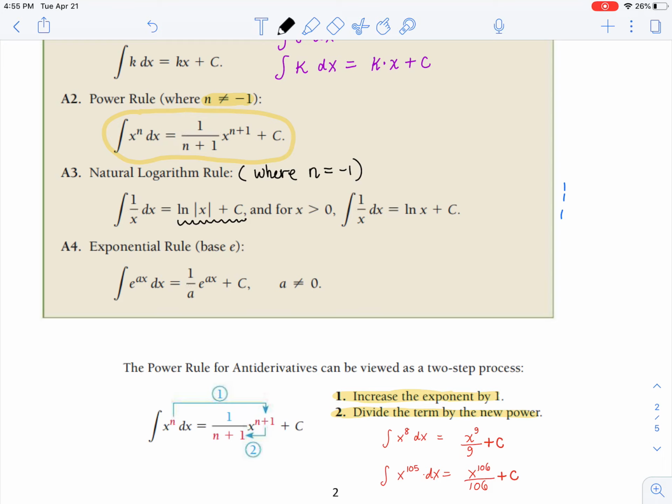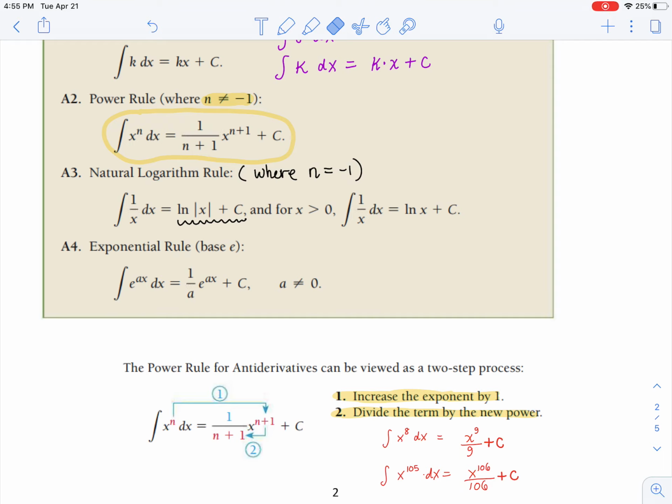If n is not negative 1, use the power rule. But if the exponent is negative 1, if you have x in the bottom of that fraction, that's 1 over x, then you must remember that the antiderivative is natural log of absolute value of x plus c.